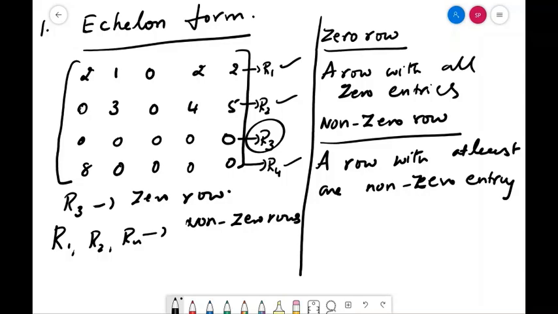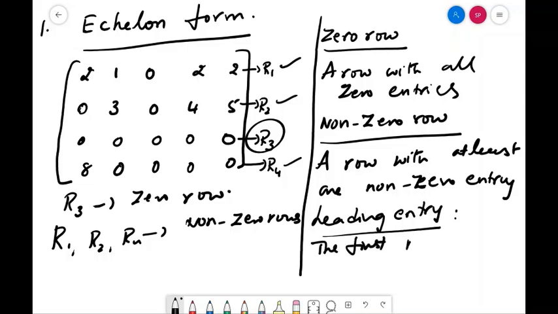Then the next term I'm going to use here is leading entry. A leading entry is the first non-zero element or entry, you can say, in a row.